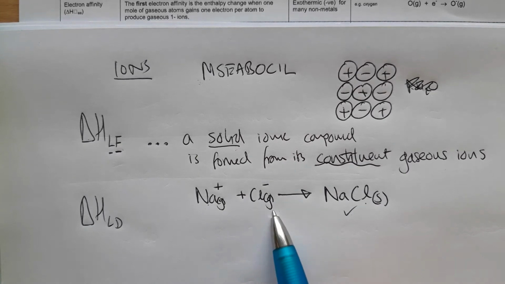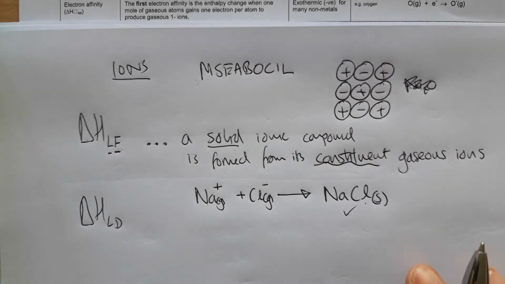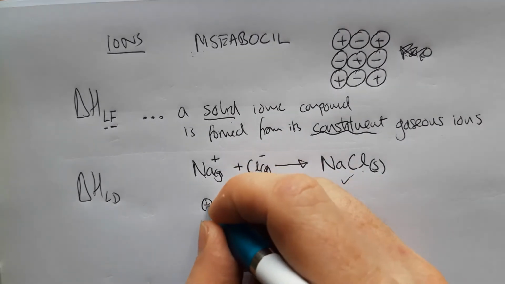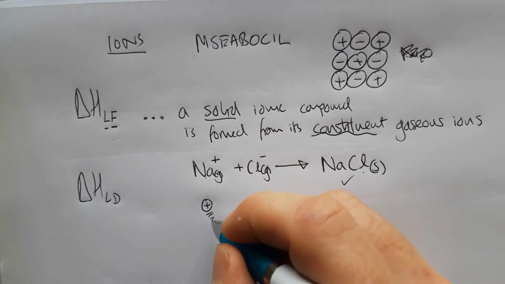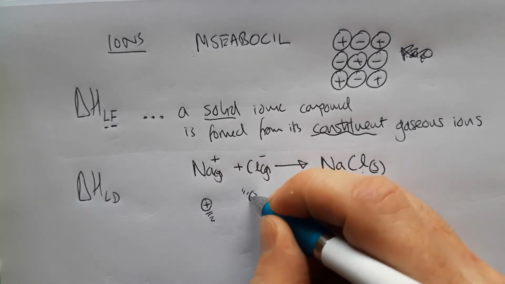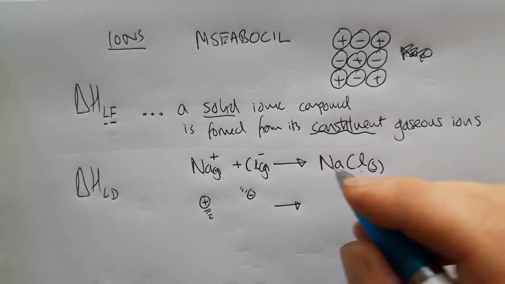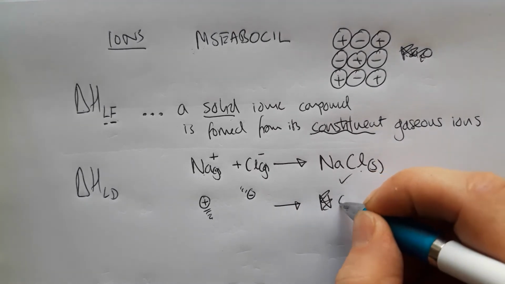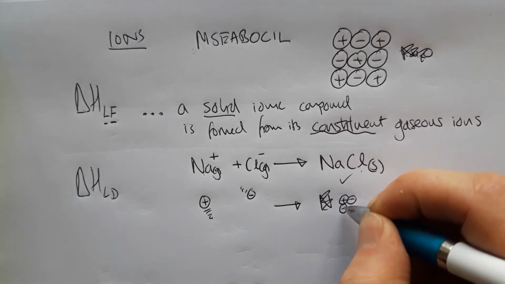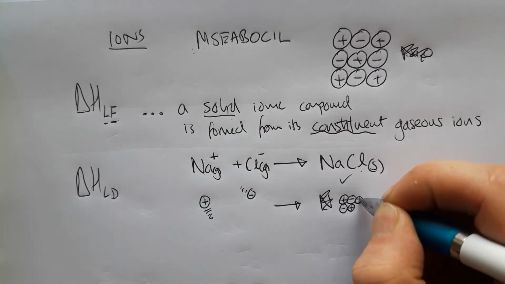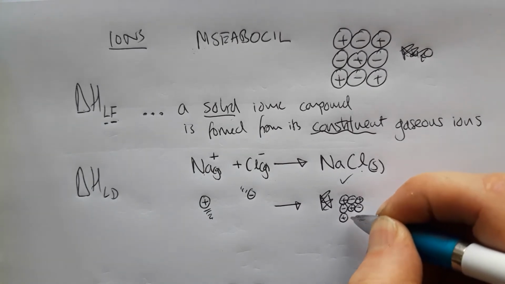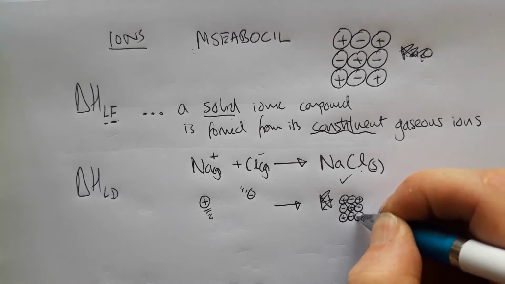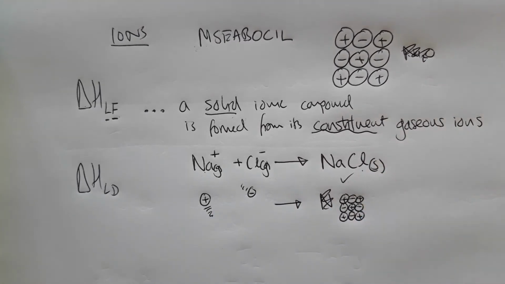Constituent gaseous ions. So what this is representing is imagining a situation where you've got sodium ions whizzing about and chloride ions whizzing about, and then they come together to form a sodium chloride lattice. This is not how sodium chloride is formed, but it is a thermodynamic definition that you need to know.